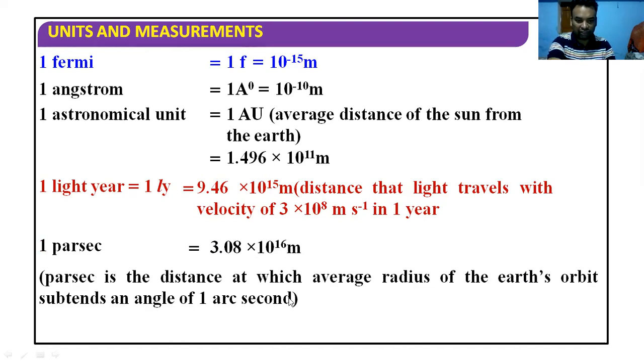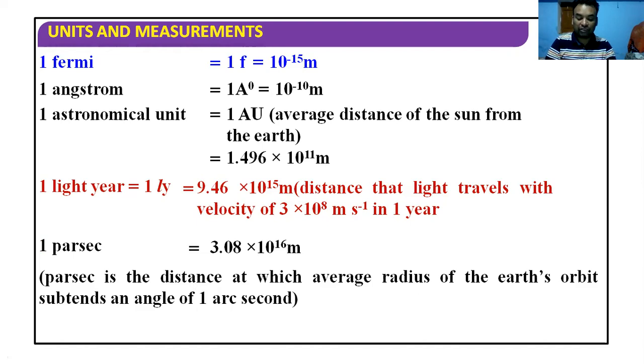So the definition is quite difficult, but with the help of one derivation, we will try to understand it. Parsec is the distance at which the average radius of the Earth's orbit subtends an angle of 1 arc second. Average radius means we have at least two radii.